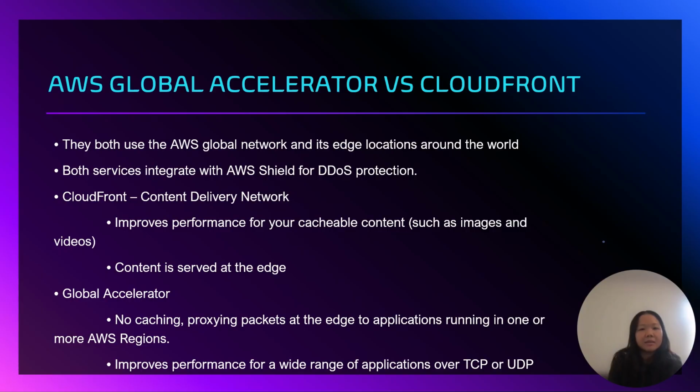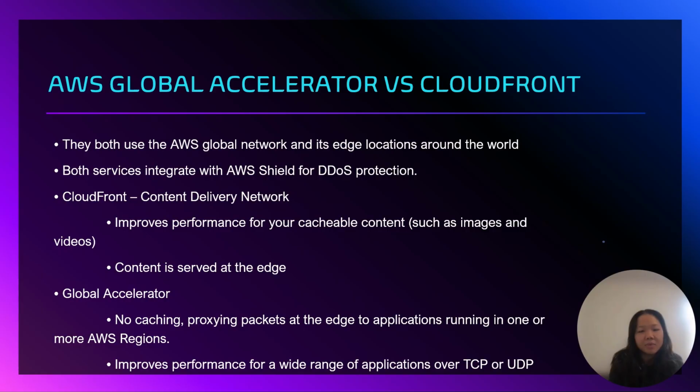AWS Global Accelerator versus CloudFront. They both use the AWS Global Network and its edge locations around the world. Both services integrate with AWS Shield for DDoS protection. CloudFront is a Content Delivery Network that improves performance for your cacheable content such as images and videos.